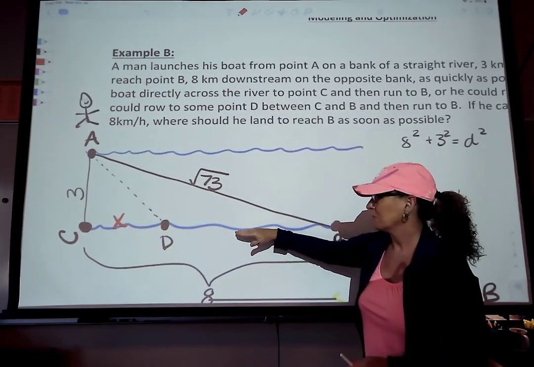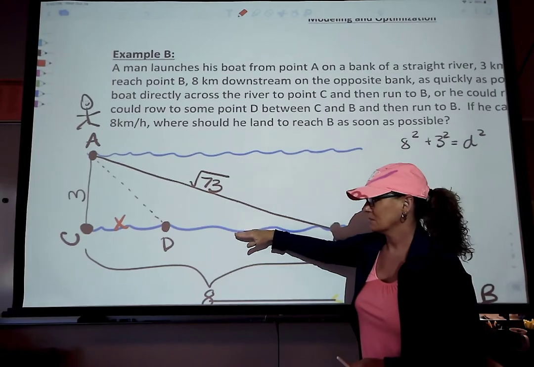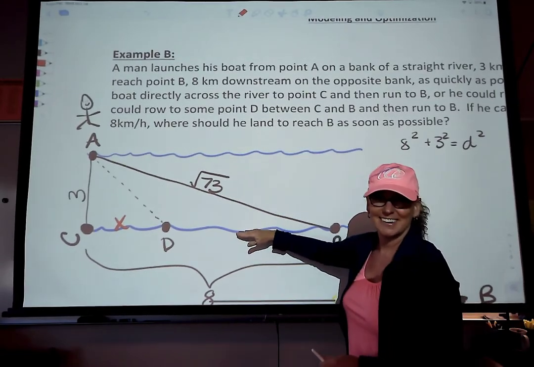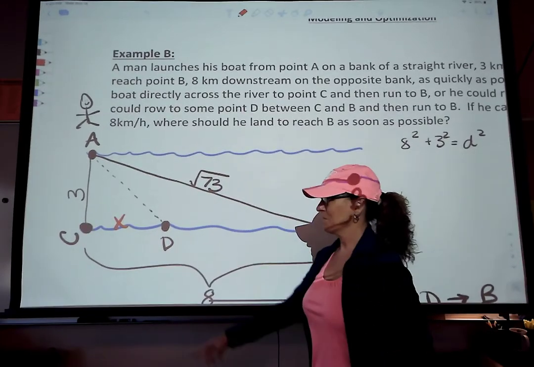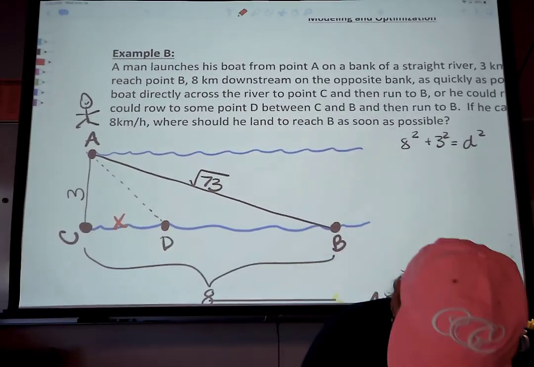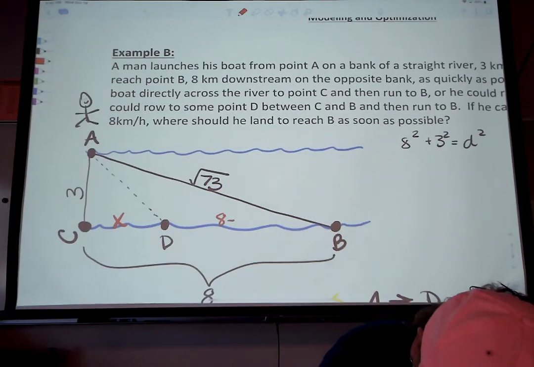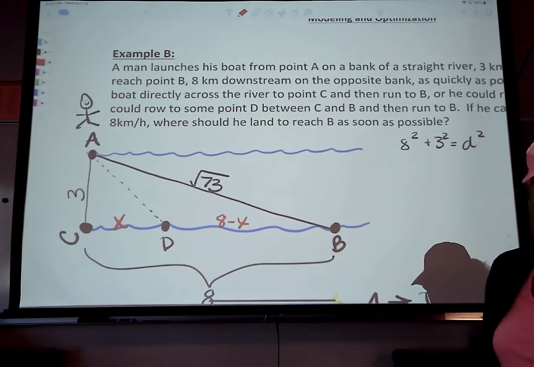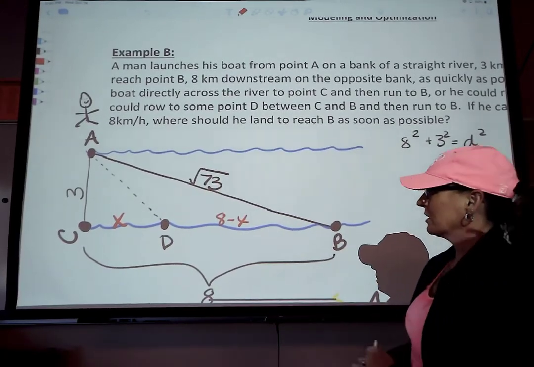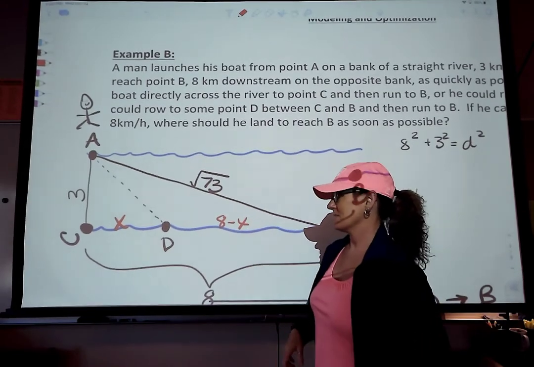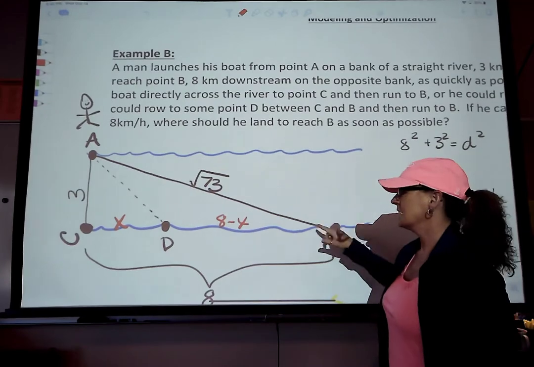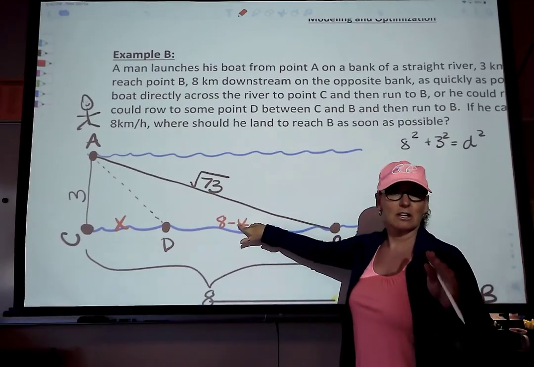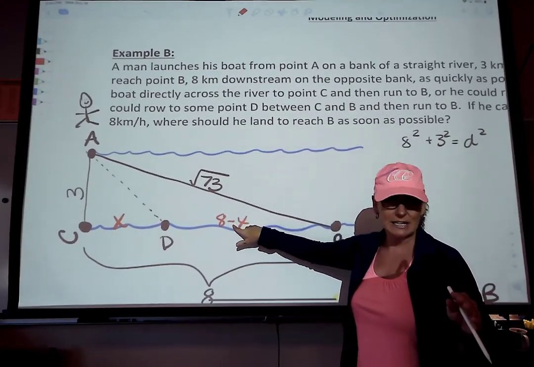What am I going to put for this distance? It's all of this, which is 8, minus that. So right here, I'm going to write 8 minus x. Okay, good. We're getting somewhere. This is his running distance. So if he rows to here, he's going to get out and run this distance. That's good. We've got a good representation for his running distance.